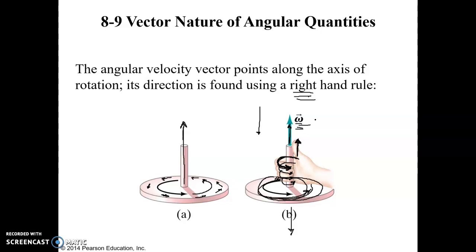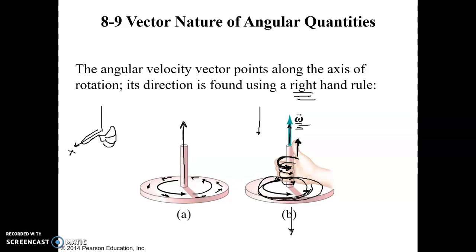I know this shows up in other engineering classes, the right-hand rule. It's basically a good way to remember the orientation of the X, Y, and Z axes. You'd have your X, with your index finger pointed straight out, and then your other fingers wrap around into your palm.